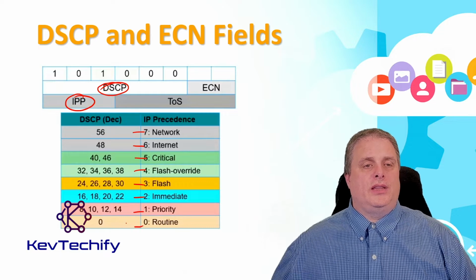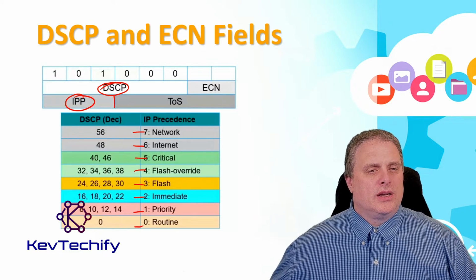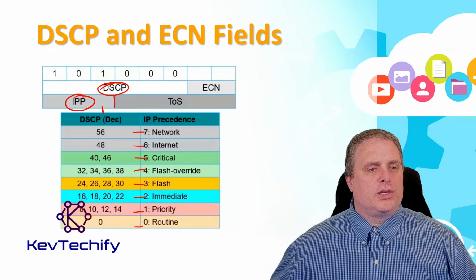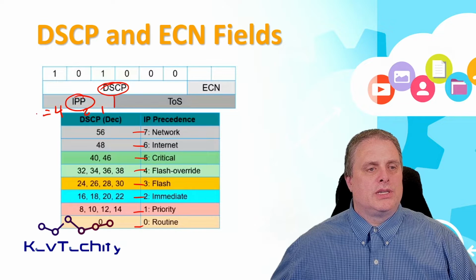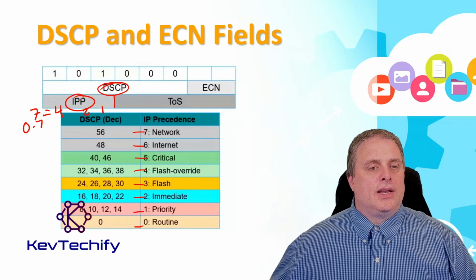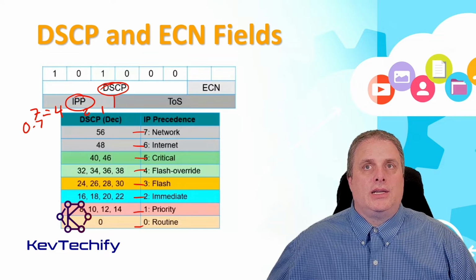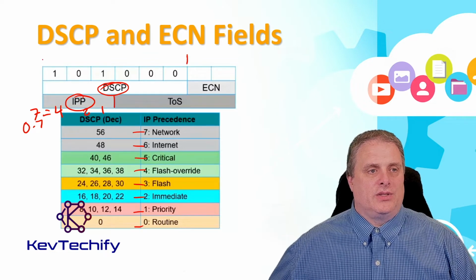And how do we get that? Well, when we did IPP, we did 3 bits. And those values here were 1, 2, and 4. That gave us up to 7 different values, 0 to 7. Now, when we use our differentiated service code point, we have 6 values here.